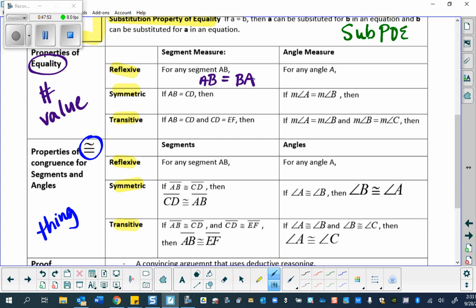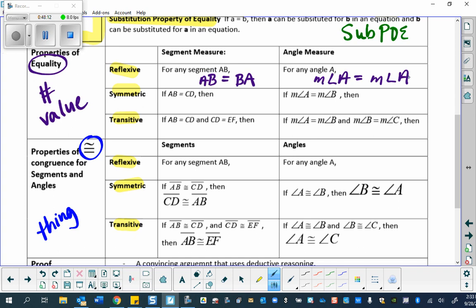If I want to talk about it in terms of angles, for any angle A, the measure of angle A is going to be equal to the measure of angle A. Reflexive property. Think about a mirror looking at the reflection. Everything is equal to itself.